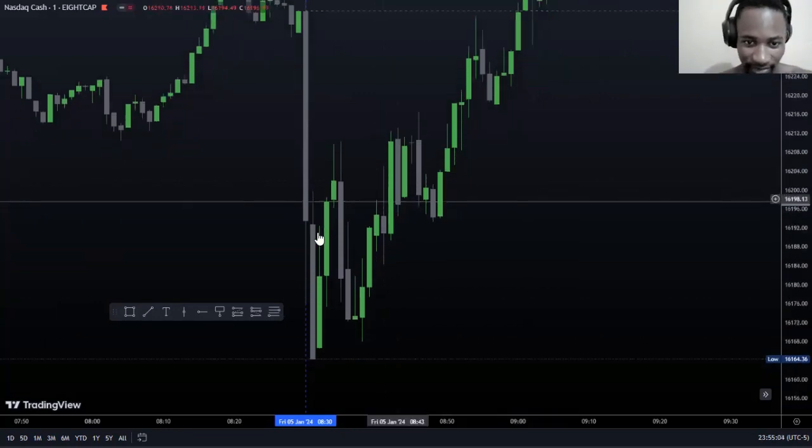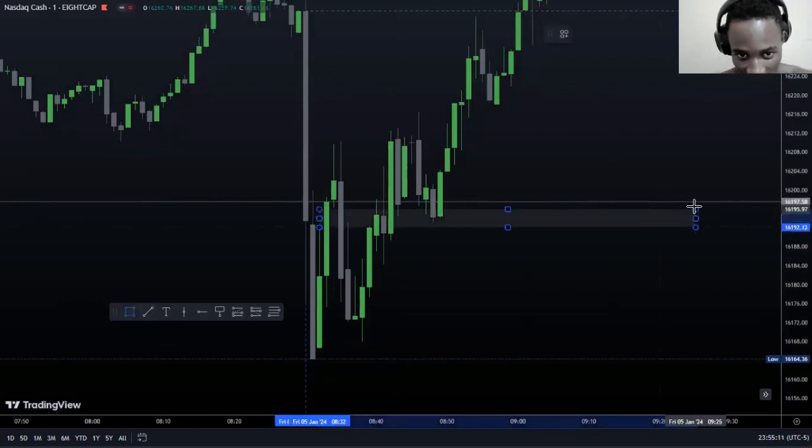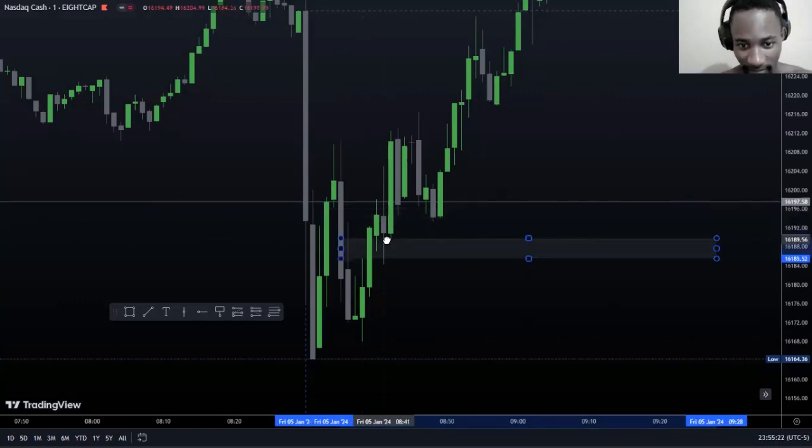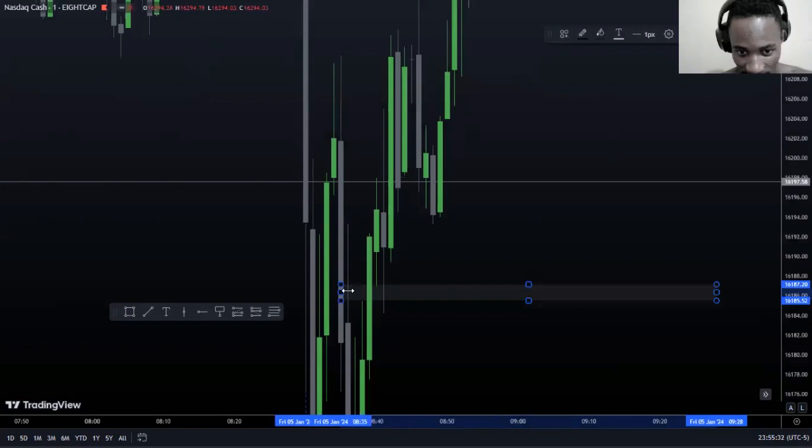I was not going to be looking at this one, but even if I did and said this is the one, my stop loss was going to be here and it was not going to be hit. So I was still safe there. But I'll be focusing on this one here.